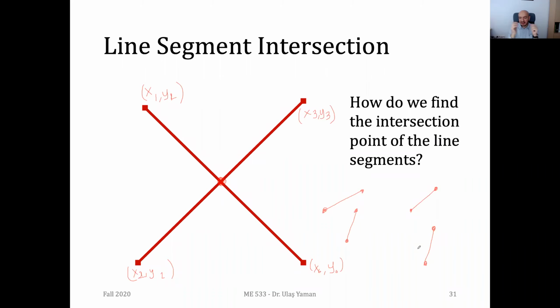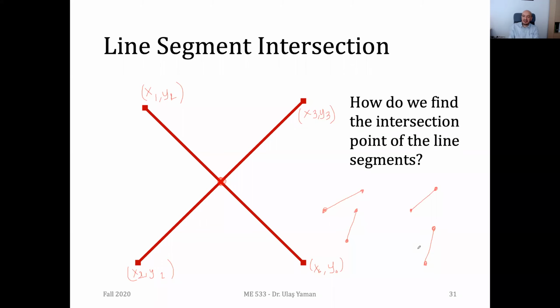If they are not intersecting, why should we spend our time? If they are intersecting, if you are sure of that, then you may find the equations and do the same as we did in the previous slide. But if they are clearly not intersecting, then it's not worth finding the equations.